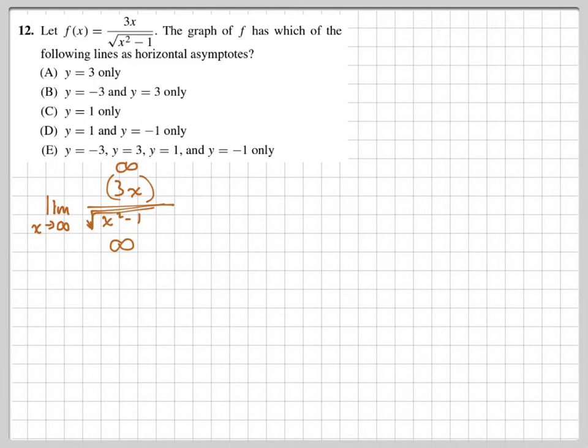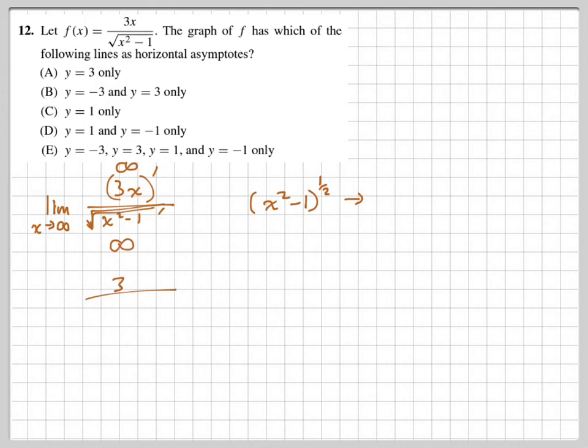To do L'Hopital's rule, we just take the derivative of the top, and the derivative of the bottom, and then we take the limit of that as x approaches infinity. On the top, I get 3, and on the bottom we have x squared minus 1 raised to the 1/2 power.